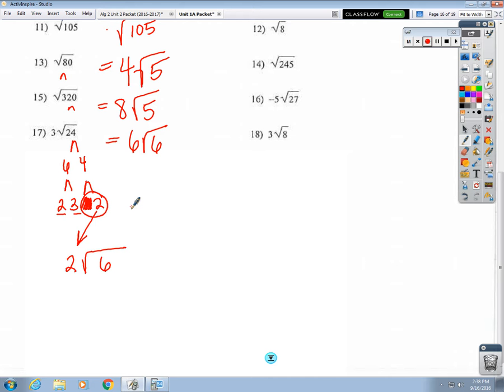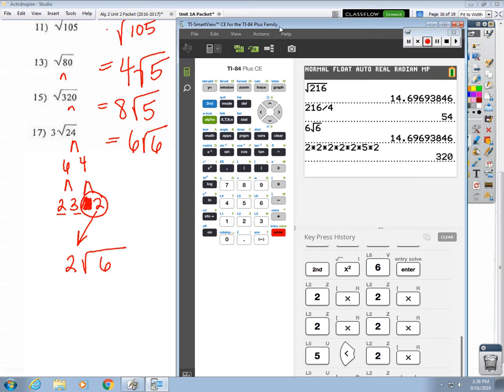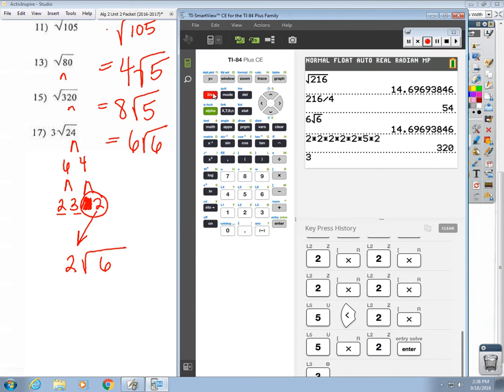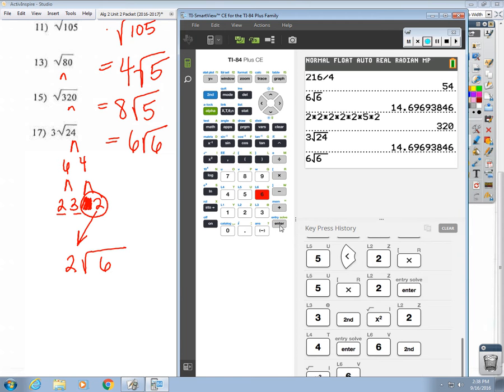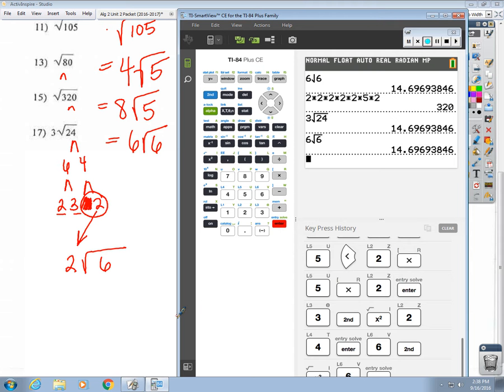Anything on the outside multiplies together, anything on the inside. Now watch me check it. 3 square root 24. Okay, see how I'm typing in the original question? That's 14.6969 whatever. Now watch me type in 6 square root 6. Same thing. That means we did it right.